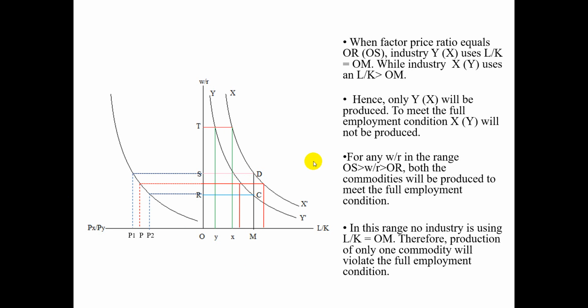So the labor capital ratio used in Y will be less than the overall endowment OM, and the labor capital ratio used in industry X is more than the overall endowment OM. So corresponding to this factor price ratio, we can find out the unique commodity price ratio, which is P.